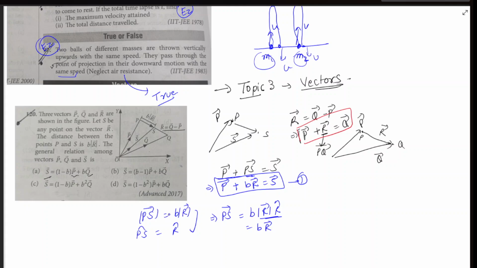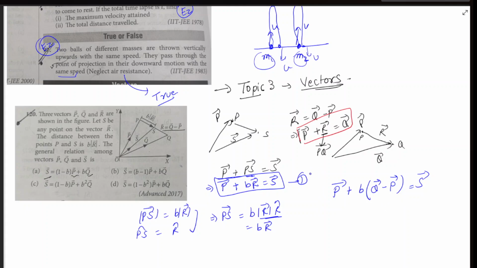Next, I have to write S vector in terms of P and Q. So can I put R here? Yes, let's put R vector here, which is Q minus P. So P vector plus B times R vector, which is Q vector minus P vector, is equal to S vector. We got our answer.